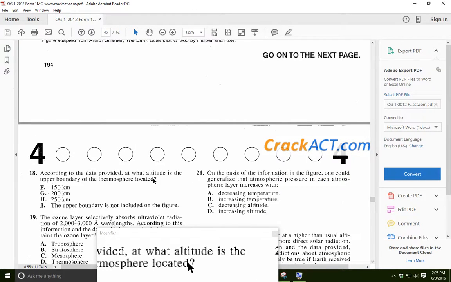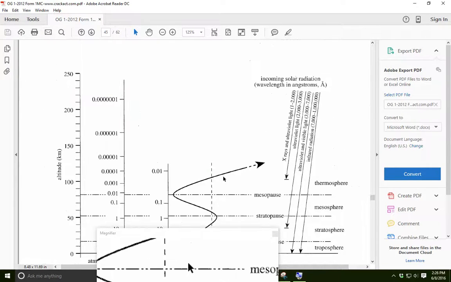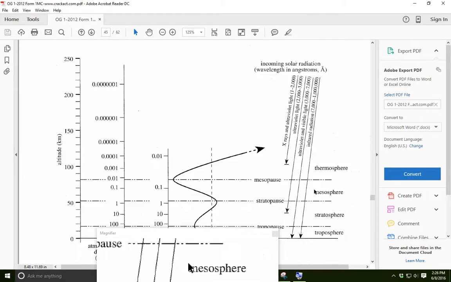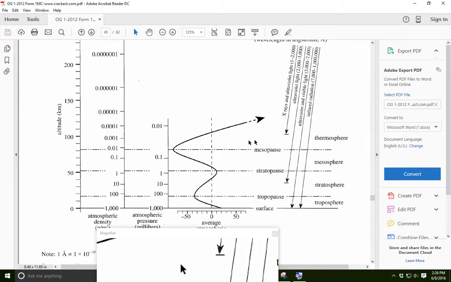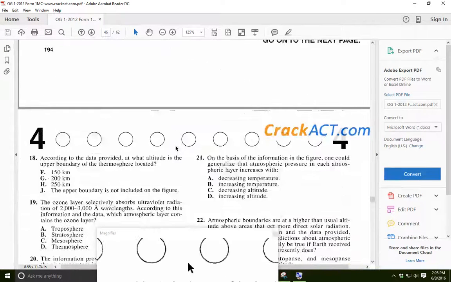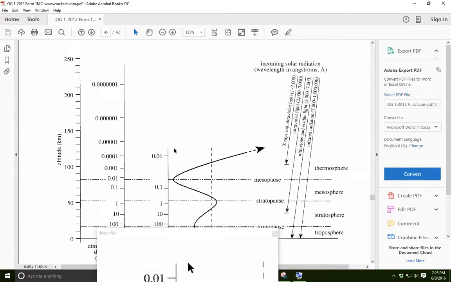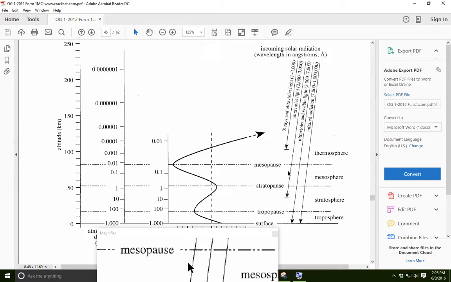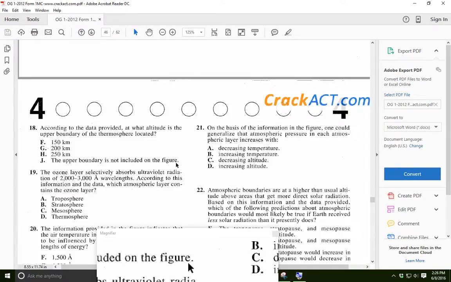At what altitude is the upper boundary of the thermosphere located? So the upper boundary. I have to say, I can't find the thermosphere location over here. I believe that the answer is the upper boundary is not included on the figure.